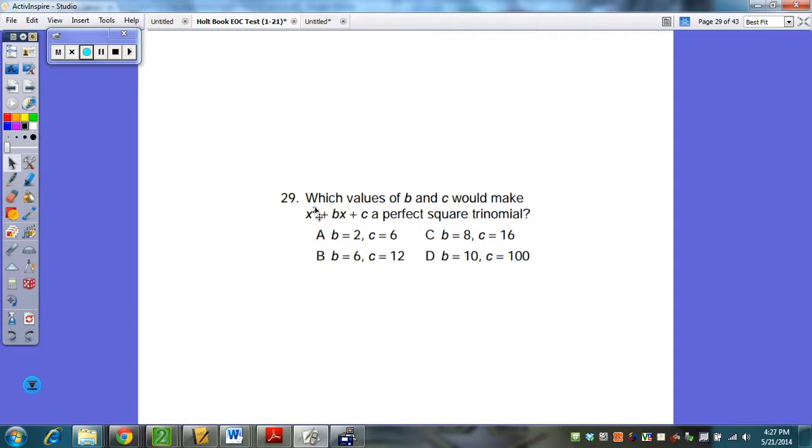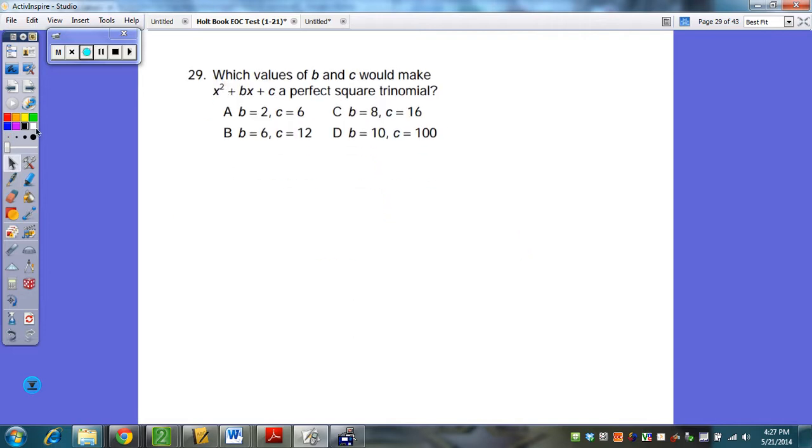Okay? Alright, so x squared plus bx plus c. What values of b and c would make a perfect square trinomial? Okay? So that means that if I have x squared plus bx plus c, I have to have a combination of two numbers here.